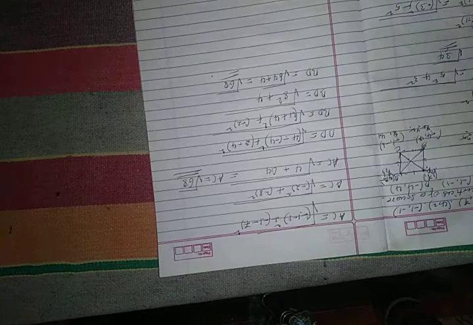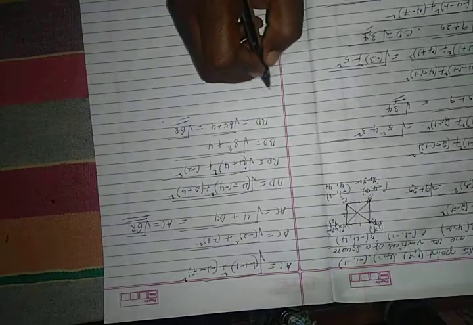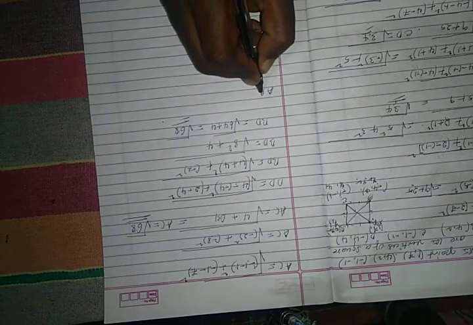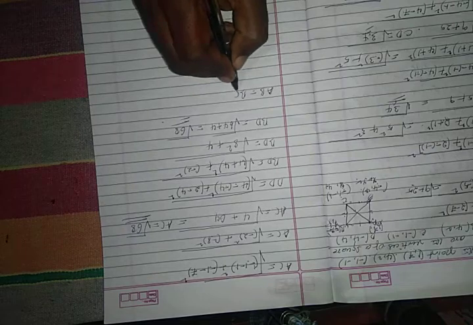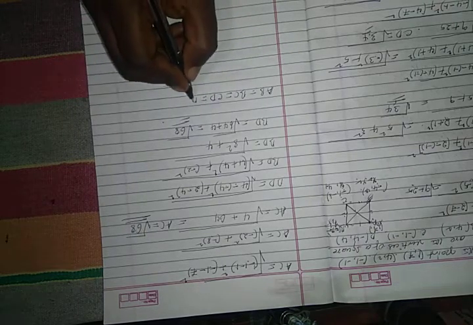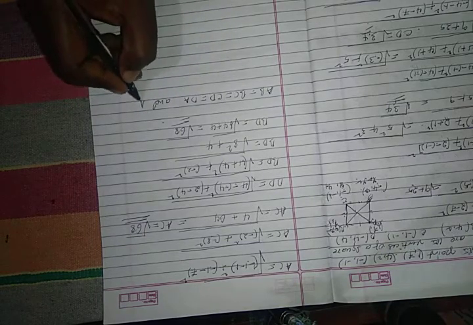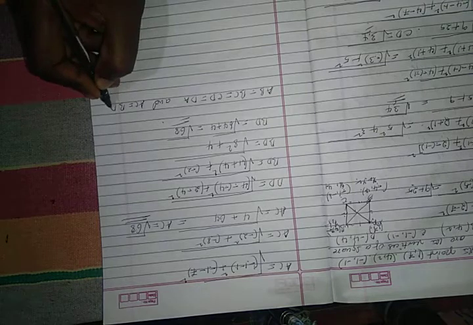So let us see. Here all the sides of the square, that is AB is equal to BC is equal to CD is equal to DA, and also the diagonals, AC is equal to BD.